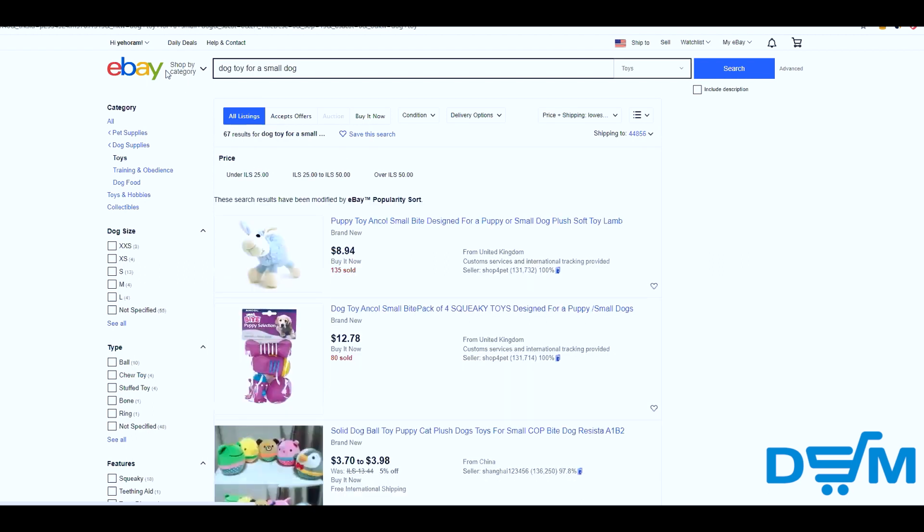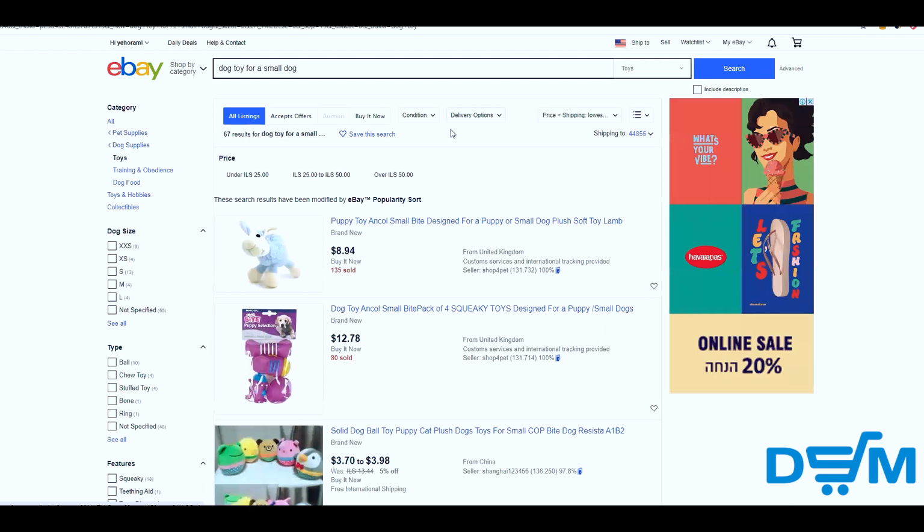Because here, it means there's probably not a lot of traffic to these keywords because there are barely any results. But let's say it would be something with a little bit more results, and I would estimate that there is a little bit more traffic here. And I would source just dog toys for small dogs in that sub-niche of the niche called dog toys. I would source products that are cheaper.